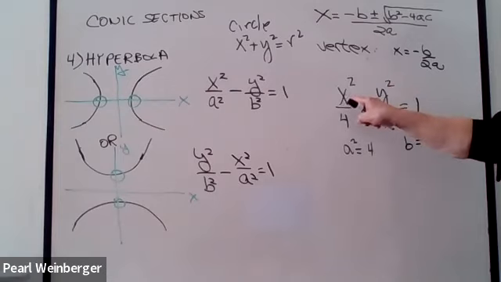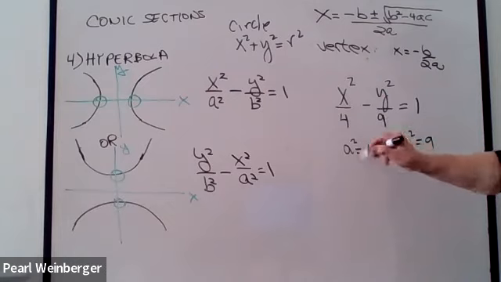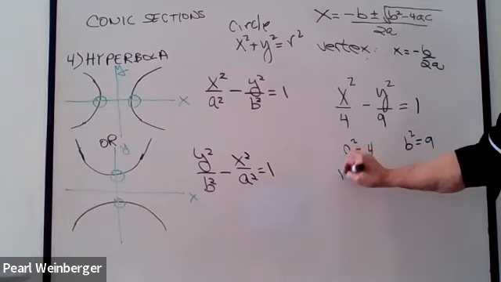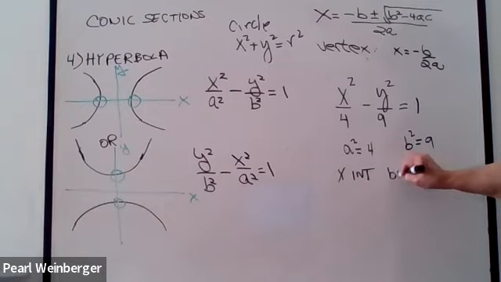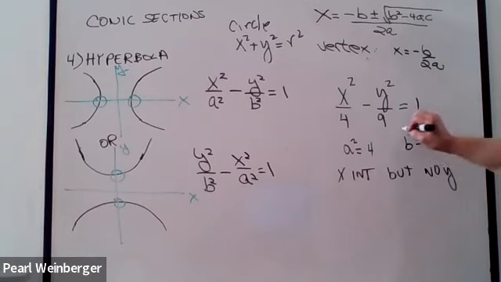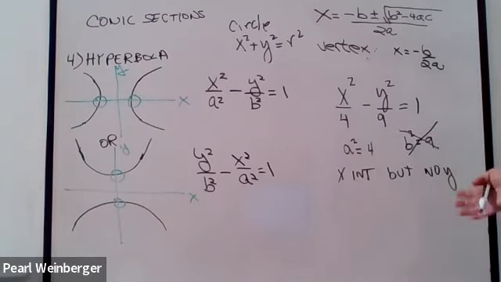Whichever is the positive one, which in this case is the x, that's the one that's going to have the intercepts. There are going to be x-intercepts, but no y-intercepts. In other words, I don't need to know what the b squared is. It is 9, but it doesn't help me because it's not going to give me intercepts.